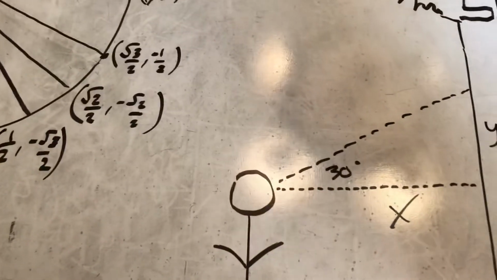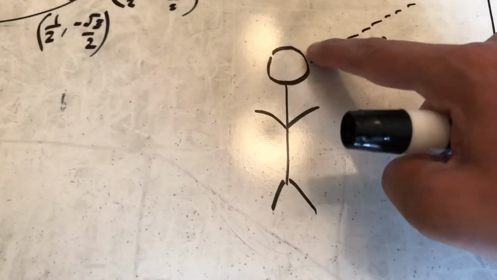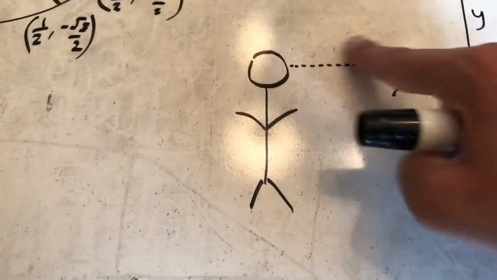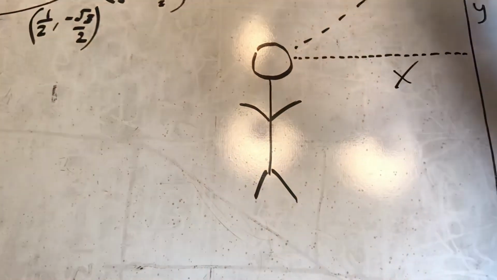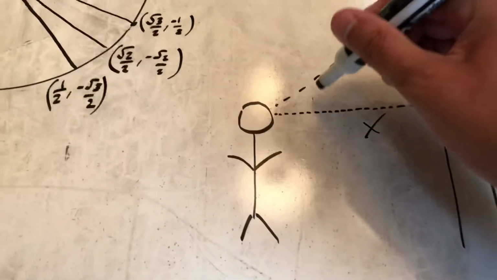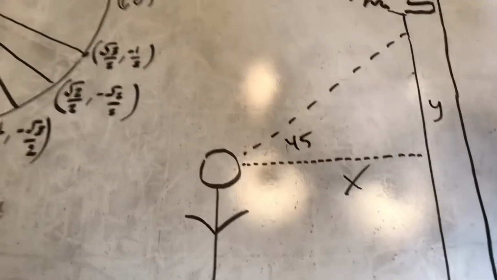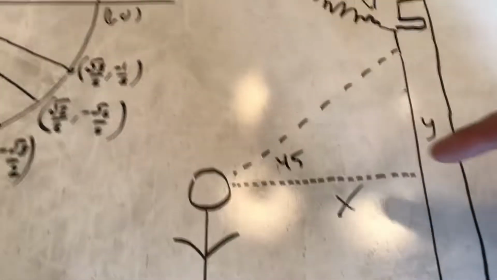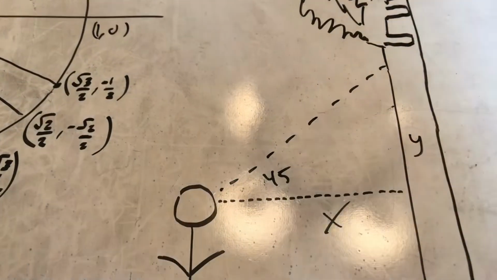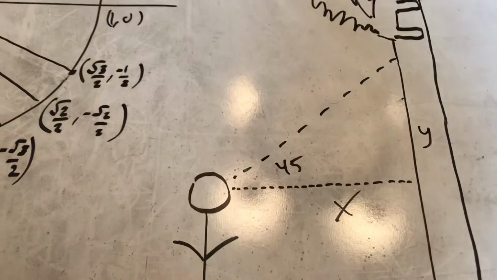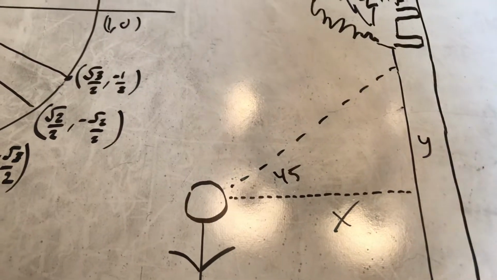Then you can come back and make a 45-degree angle. The squirrel climbs up the pole, and now we've got a 45, 45, 90 triangle here. Maybe this side is 1 and this side is 1, or maybe this side is 5 and this side is 5. The point is, for a 45, 45, 90 triangle, the tangent of that 45-degree angle is just going to be 1.